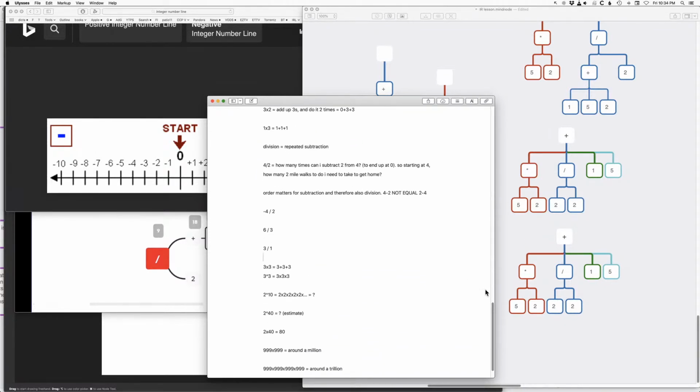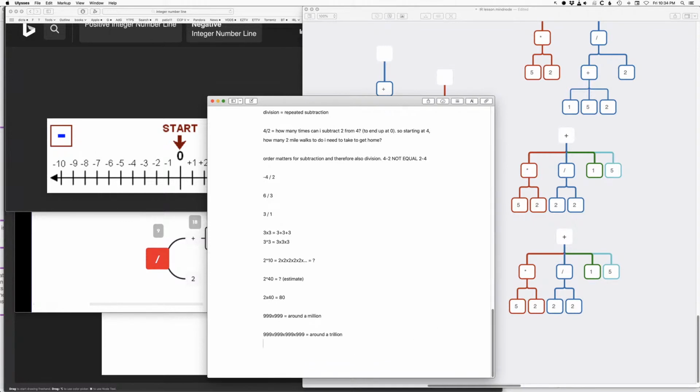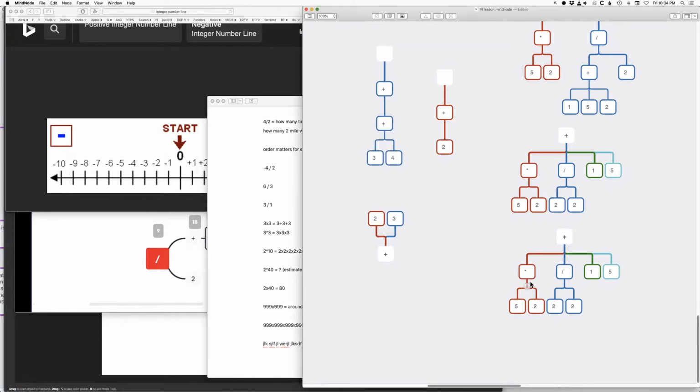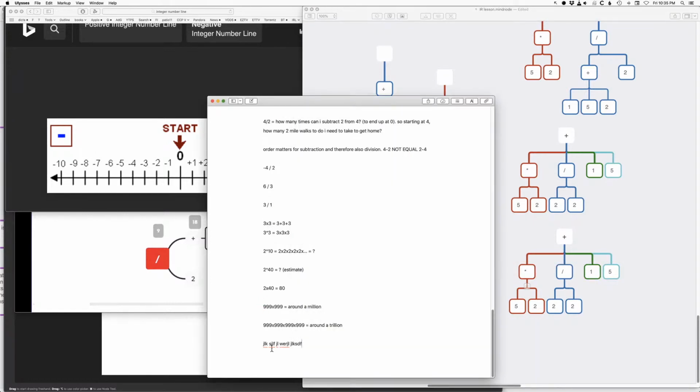Yep. So when you write normally in a line like this, it's hard to see what things are grouped together. Whereas when you have a tree, you can see the groups. Like this is a group, this is a group. But here we don't know what's grouped together. Maybe these two are grouped, or maybe these three are grouped.